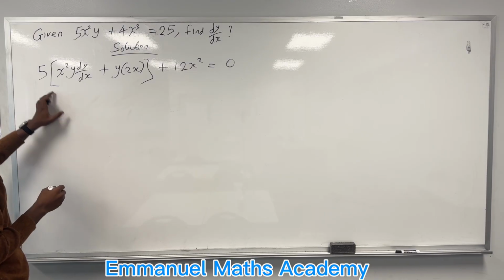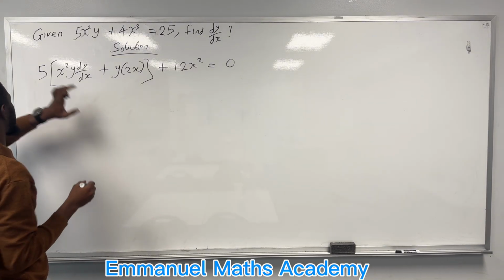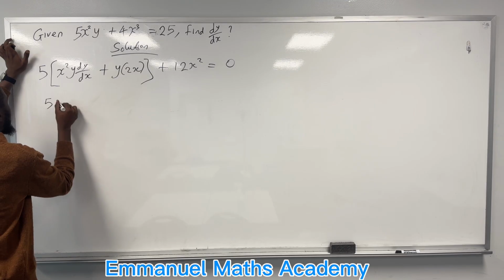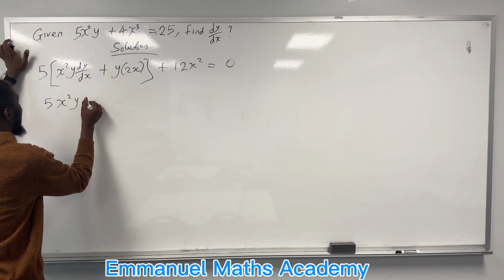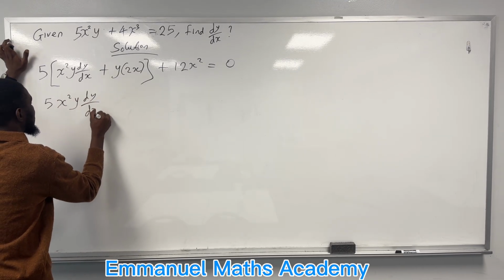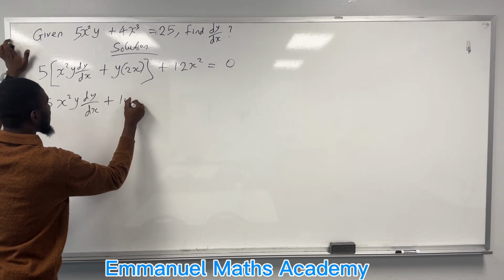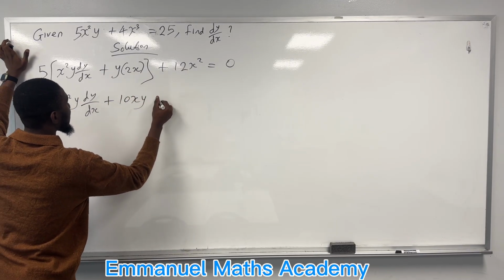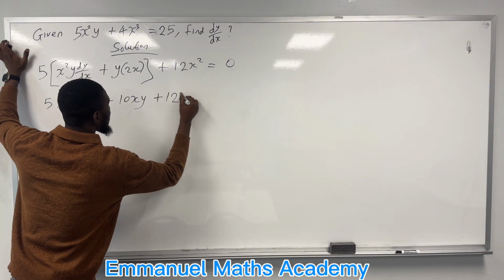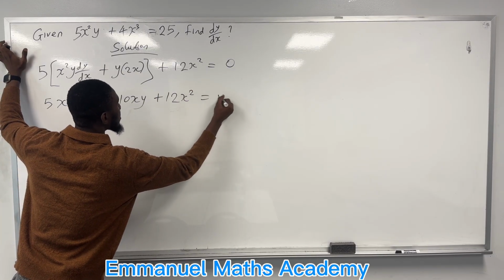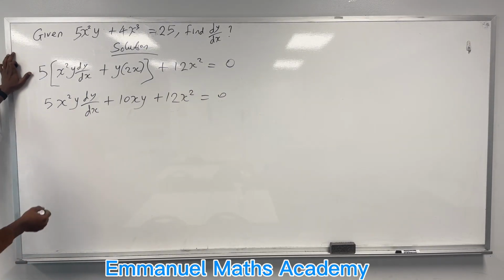So use this 5 to distribute into this and this. If you do that, you have what? 5x squared y dy/dx plus 5 times 2 will give you 10xy, plus 12x squared equal to 0. You collect like terms.